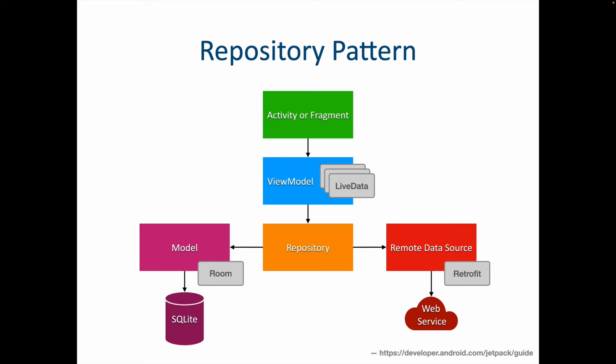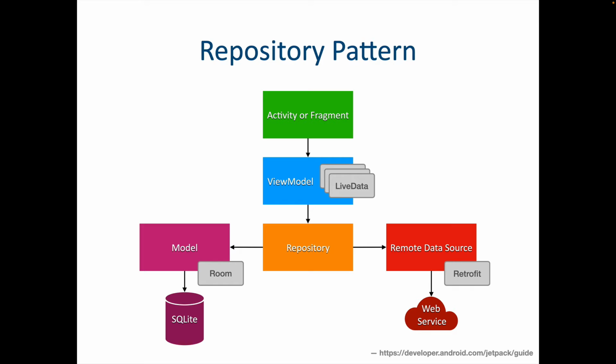For example, it may come from an SQLite database, in which case the application probably makes use of the Room library. The data may come directly from the model, in which case the data lives in your phone's memory while the application is running. Or the data may come from a web service. This last scenario is what we're going to explore in this application.